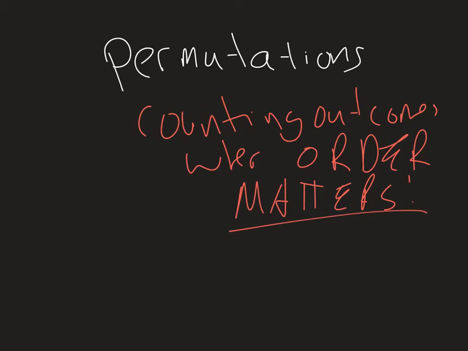What I mean by order mattering would be if you think about a combination lock, one where you have dials with numbers and there's a particular code that will open the lock. It's going to matter what number comes first. So if I know a 3 comes first, that's going to be different than, say, if I have a 3 somewhere in the code. Order would matter in this case.